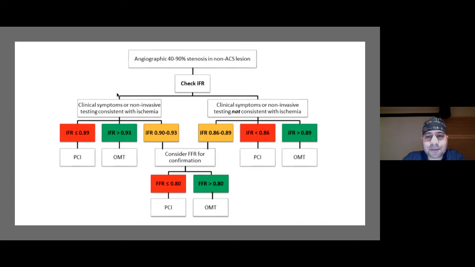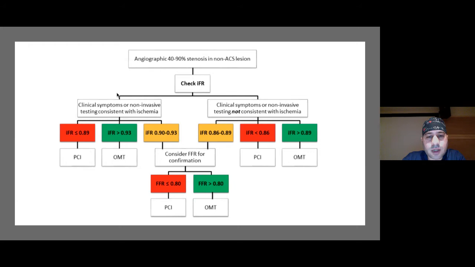Otherwise, if the patient does not have convincing symptoms or does not have a non-invasive test, then a lower cutoff of iFR is used at 0.86. If the iFR is strongly negative, meaning an iFR greater than 0.93, then optimal medical therapy can be used.